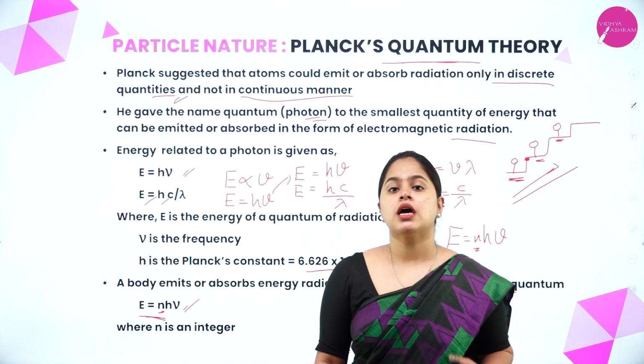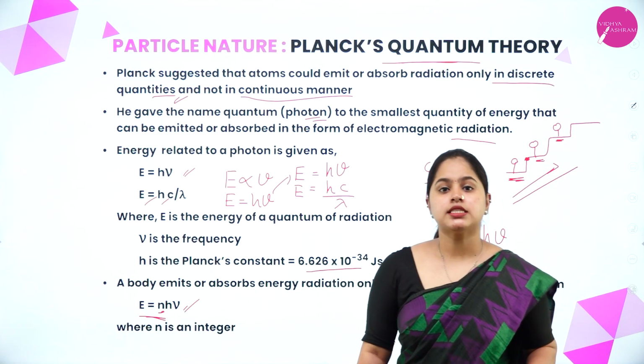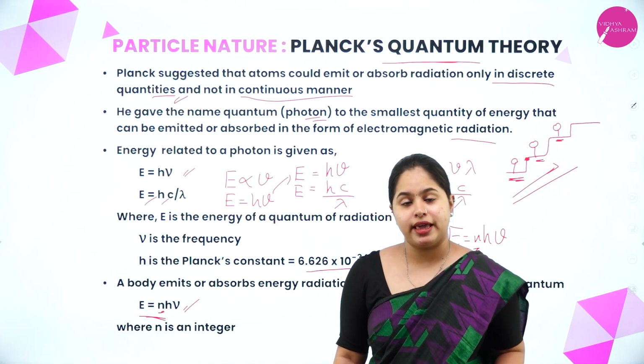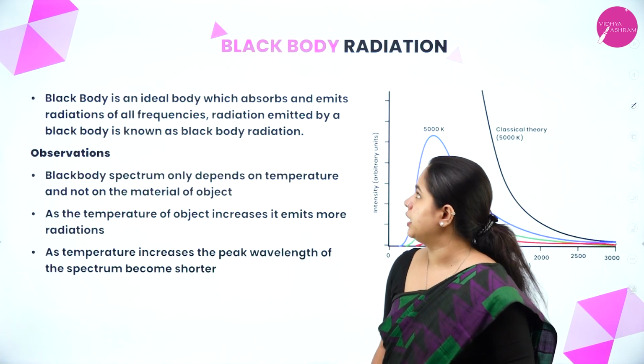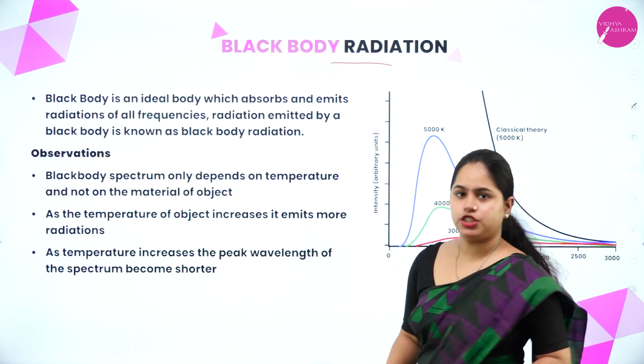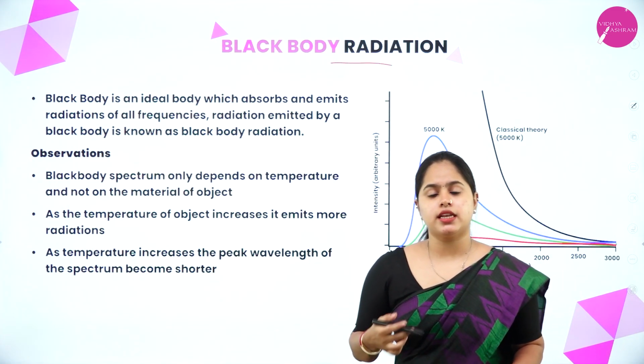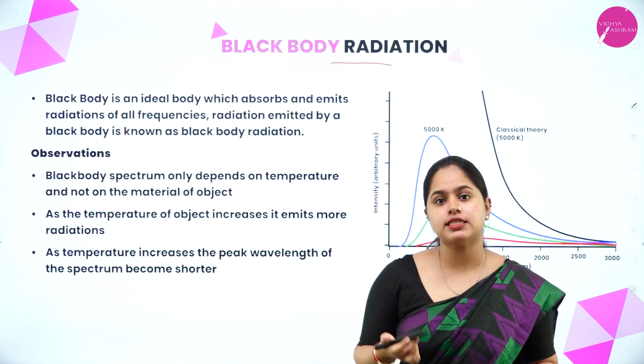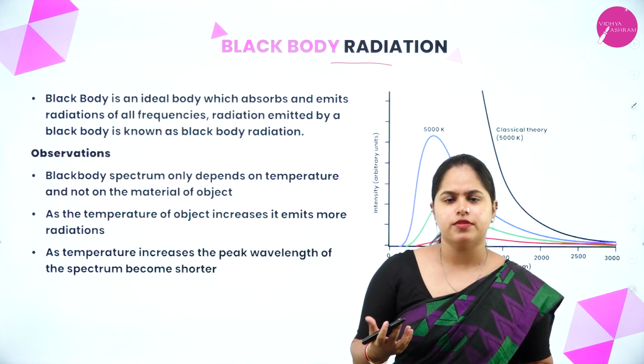So using this Planck's quantum theory, Planck was able to explain the phenomena that we are going to study here. Let's begin with the first one, that is black body radiation. Before understanding what black body radiation is, let us understand what a black body is.